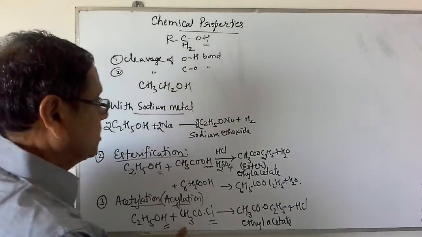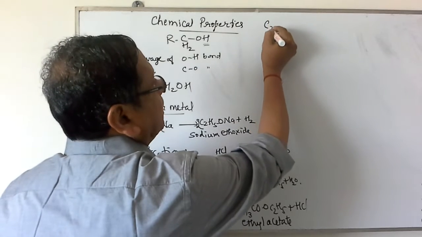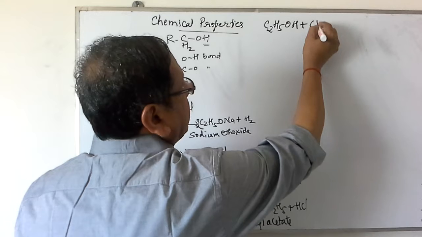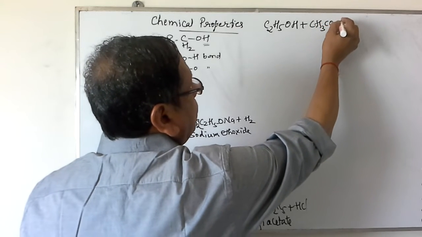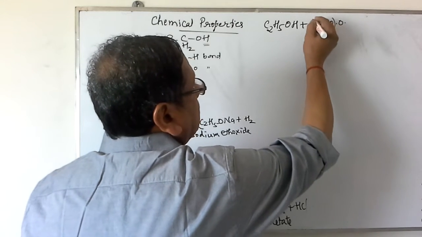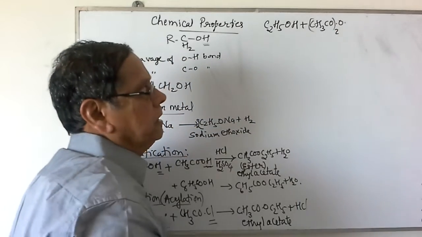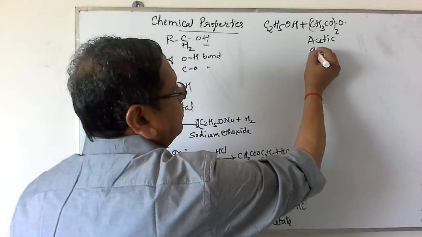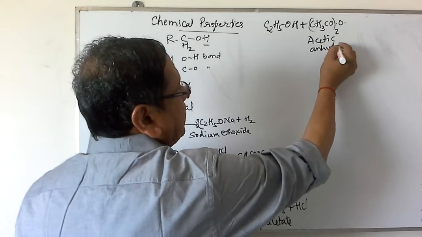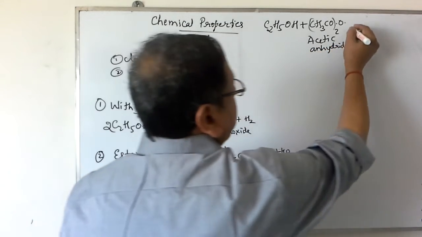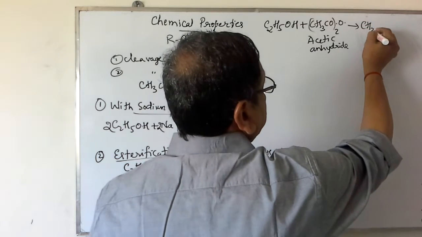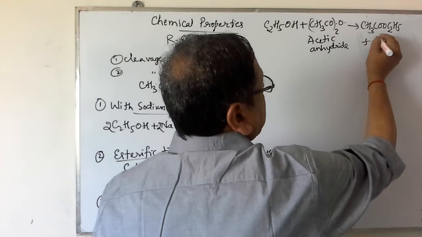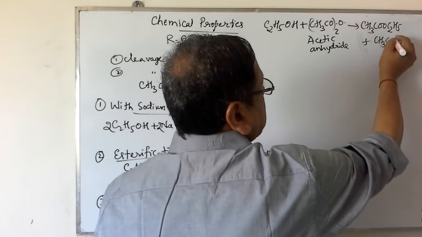In the same way, we can also carry out the reaction of ethyl alcohol with acetic anhydride, CH3COOCOCH3. This is called acetic anhydride. The product is the same, ethyl acetate, CH3COOC2H5, but here acetic acid, CH3COOH, is another product.